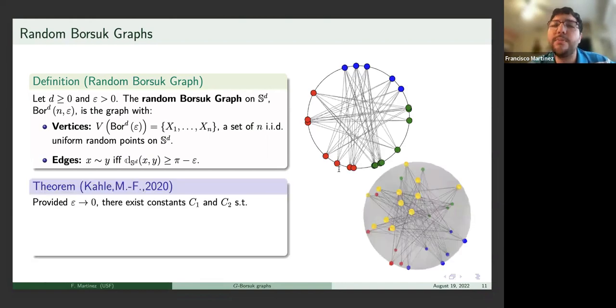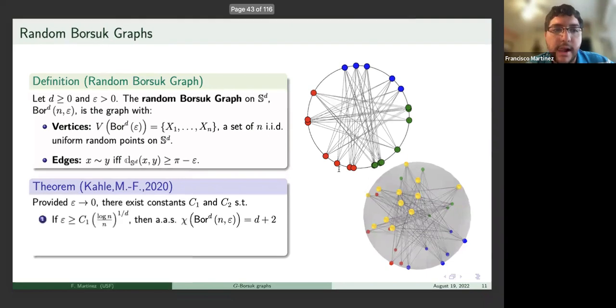What we were able to prove is that there exists some threshold for epsilon depending on n, such that with high probability as n goes to infinity, the topology gives us the same chromatic number that we saw for the whole Borsuk graph. If we're not within that region, then the chromatic number might be less than that.